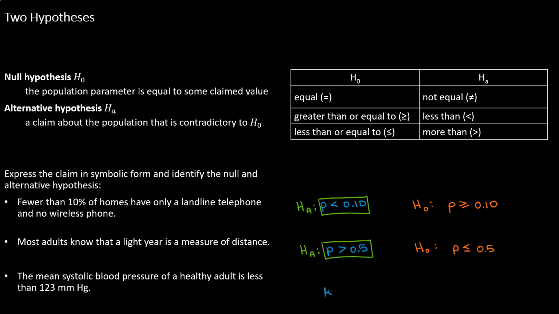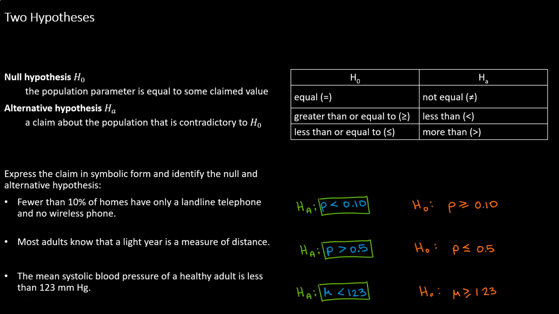We're saying that the population mean is less than 123, not including equal to 123. Therefore, again, this is our alternative hypothesis, which would mean our null hypothesis would have to contradict that statement, saying that the mean has to be greater than or equal to 123.